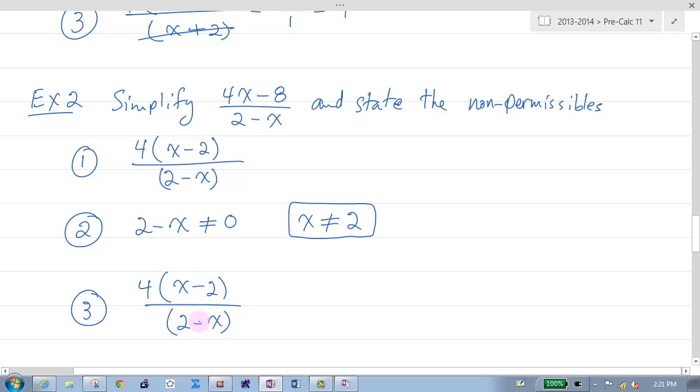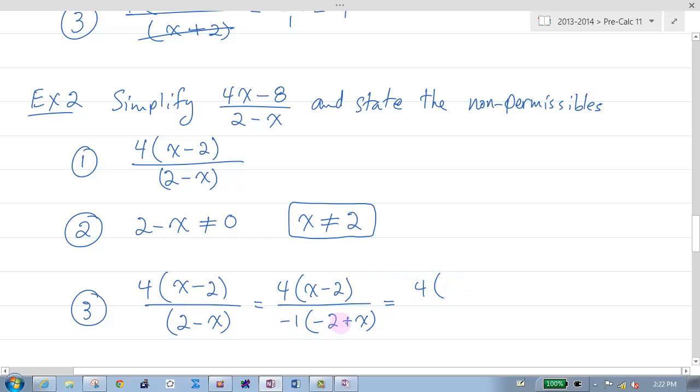The order is reversed, right? Okay, the top, I'll keep the top the same, x minus 2. But what can I do to the bottom to make it look like the top so we can cancel it out? I can factor out a -1, and if I factor out a -1, I can change it into minus 2 plus x.